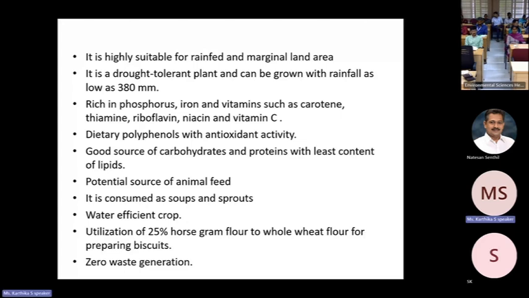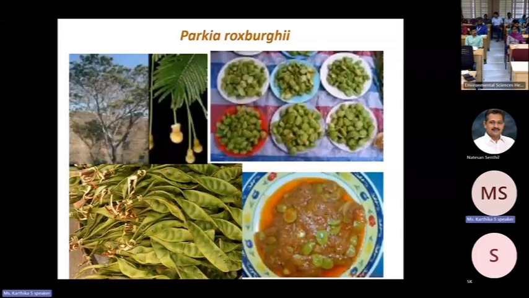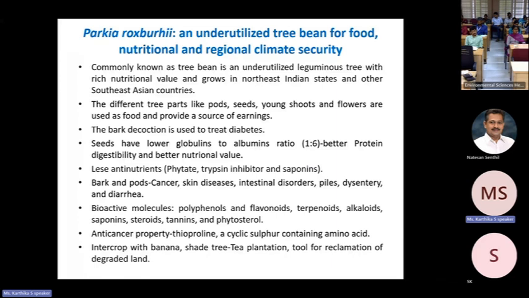Then another thing, Parkia speciosa, found only in the northeastern region. Valuable products, tree beans for food, nutrition, and regional climate security. It takes care of all these environmental factors. Because of time, I am unable to go through all these things, but I can discuss them with you; you can do it, whatever you need. What are the absolute crop characteristics?